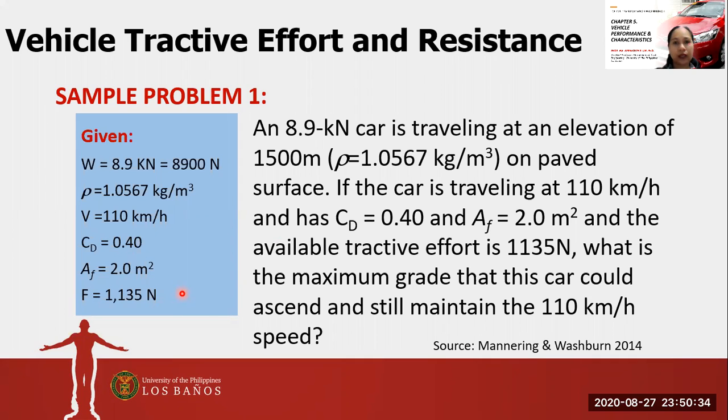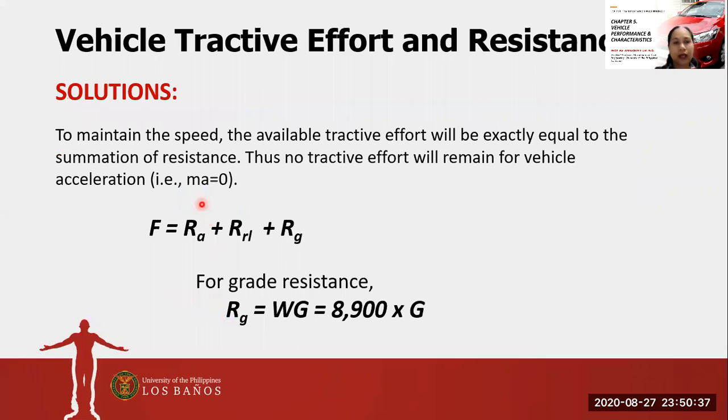Where can we find G? To maintain the speed, the available tractive effort will be exactly equal to the summation of resistance. There is no tractive effort that will remain for the vehicle acceleration. So ma is equal to 0.